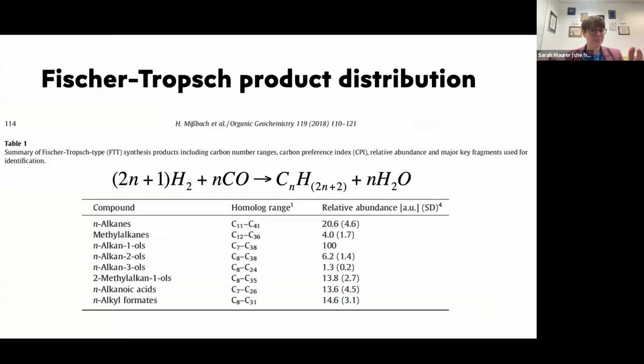And in this summary from 2018, you can see the products found from this type of synthesis, which happens when carbon monoxide interacts with hydrogen gas at high temperature and pressure, presumably in the crust of the earth in the presence of a metal catalyst, and we produce these hydrocarbons.